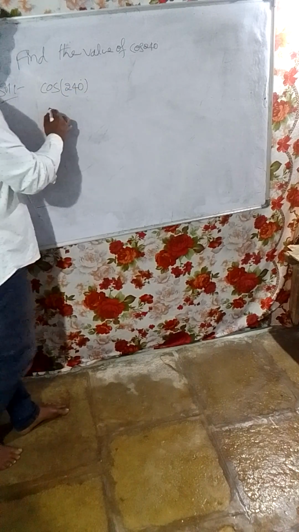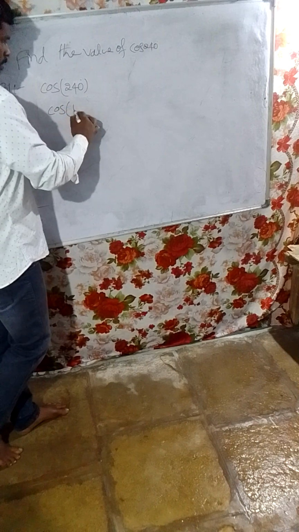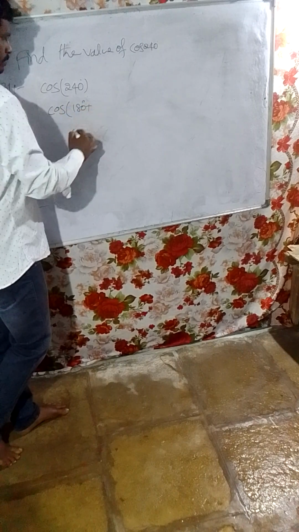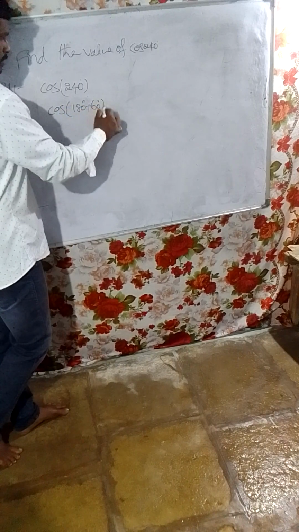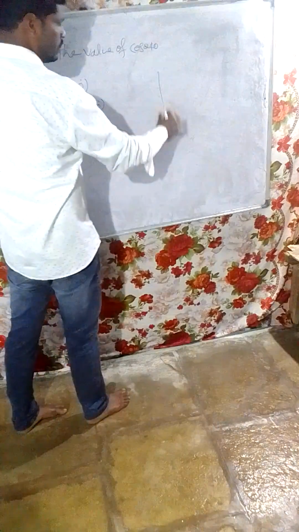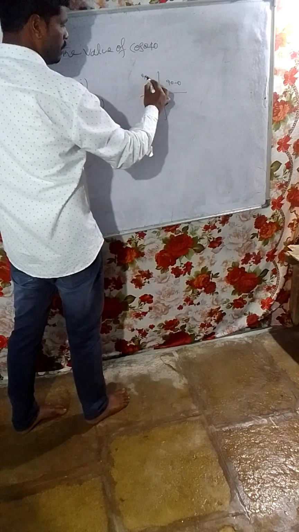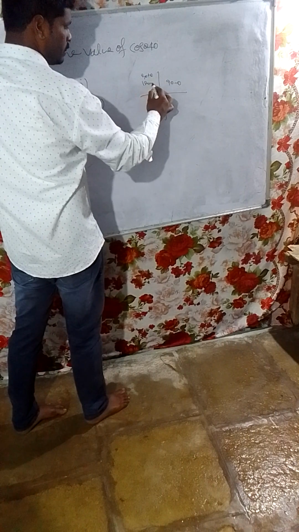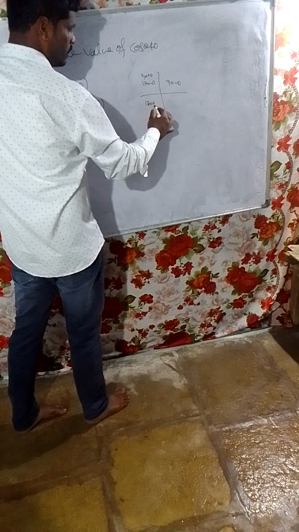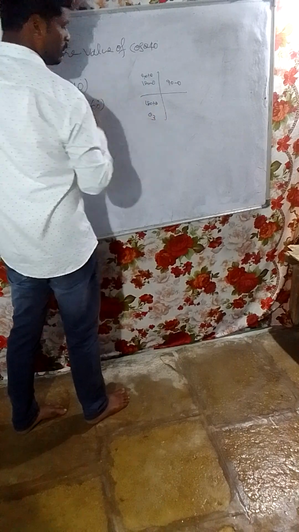Cos of 180 plus 60 degrees. Which quadrant is 180 plus 60? This is 180 plus, so Q3.